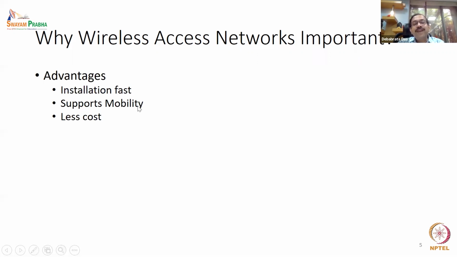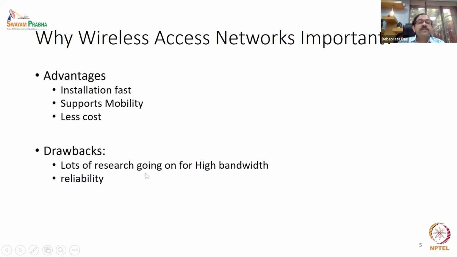Wireless also supports mobility. If you are using IoT devices in ambulances or in your car, you are driving and moving from one place to another. If I have a wire, a tail behind me, then I cannot move around. So mobility has to be supported. So wireless becomes more and more important, and wireless is less cost.